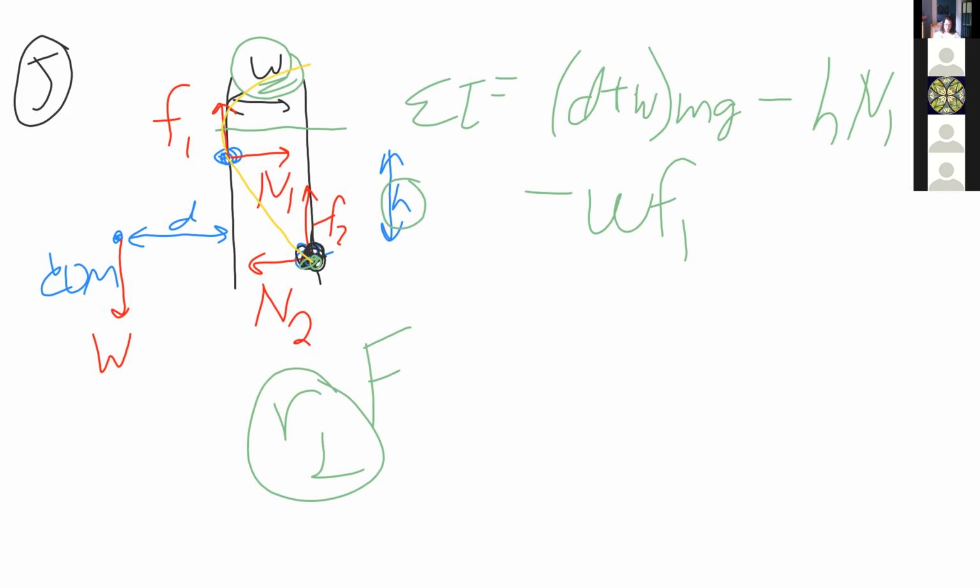For force of friction 1, that circle goes clockwise, so that's a negative torque. That's where these two negative signs both came from. For the weight, the reason that one is positive is if I draw a line directly out to the weight and rotate that weight around, that's a counterclockwise rotation, so that's a positive torque.